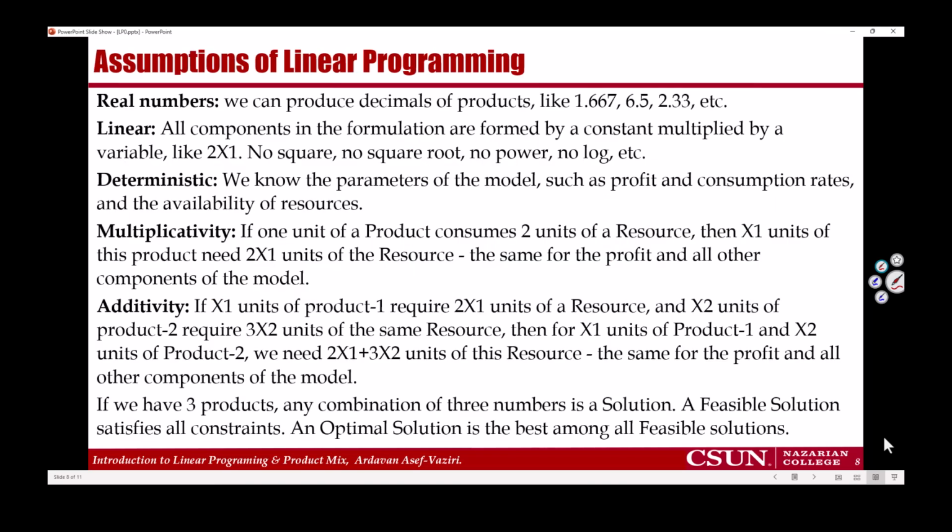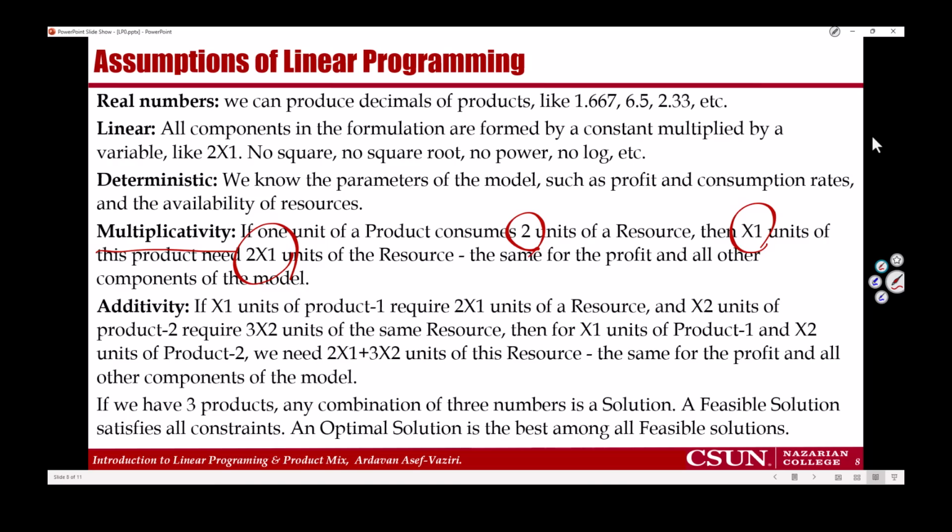Let me explain a couple of characteristics of linear programs. We said decimal points are fine. In linear programming, all the relationships are linear. That means a constant multiplied by a variable, like 2x1. No square, no square root, no power, no logarithm. Deterministic: we assume we know all parameters, consumption rates and profit rates. Multiplicativity: if 1 unit of a product requires 2 units of a resource, then x1 units of that product require 2x1 units of that resource.